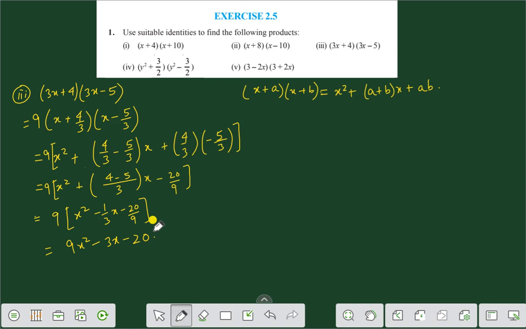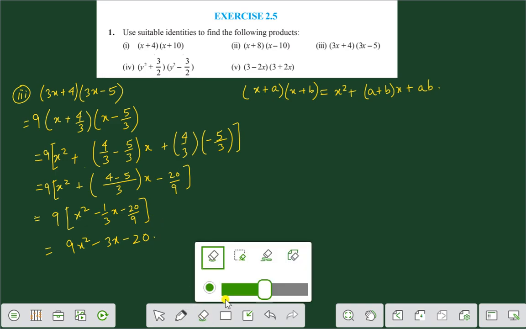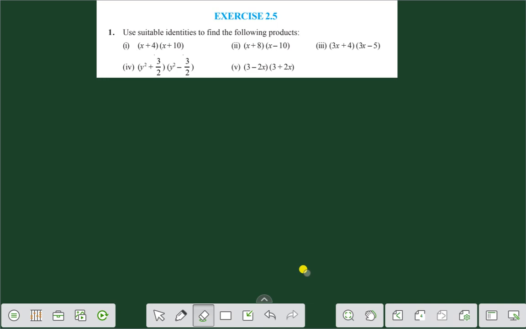Let us solve question number 4. Question number 4 is (y square plus 3 by 2) into (y square minus 3 by 2).